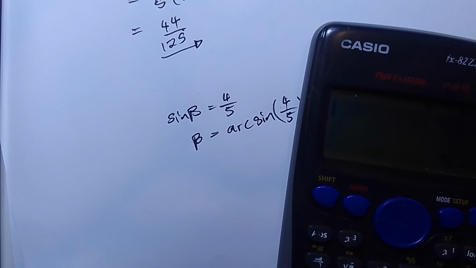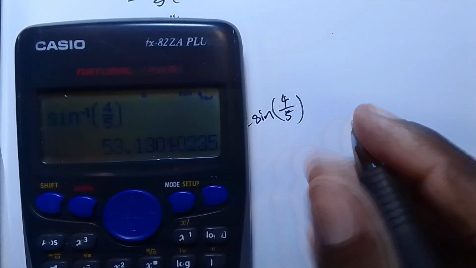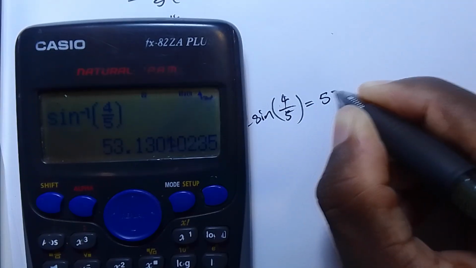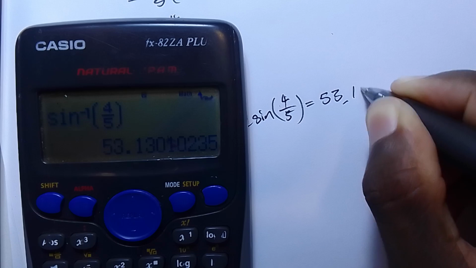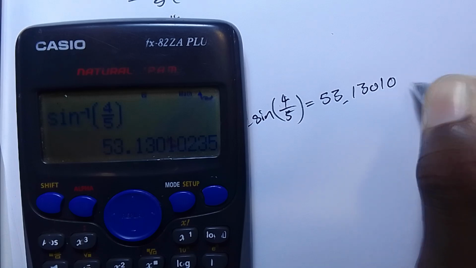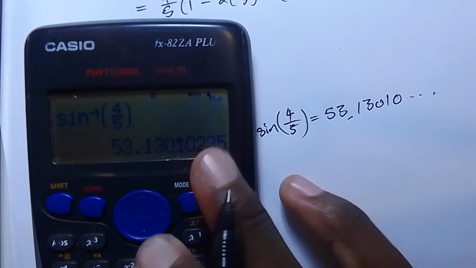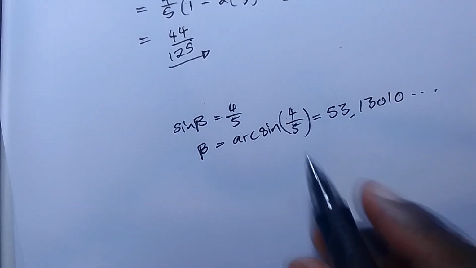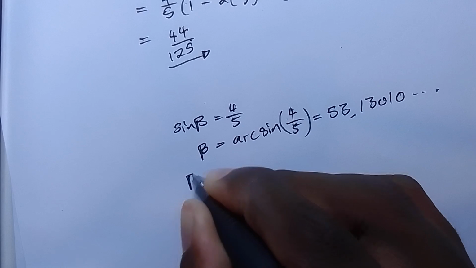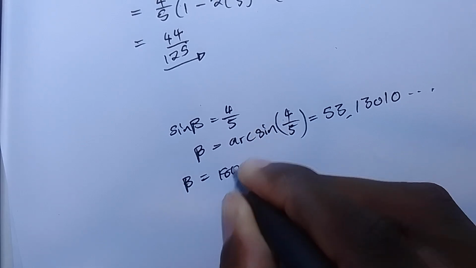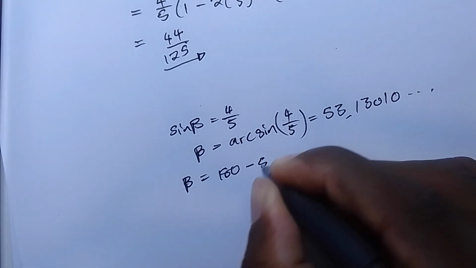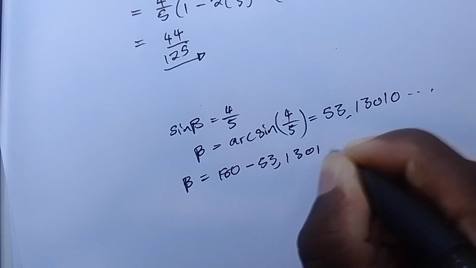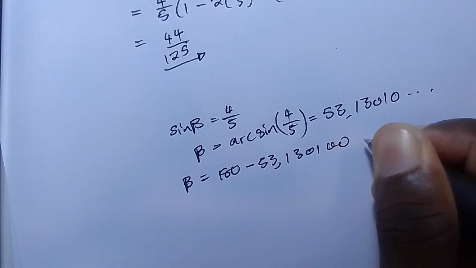So your beta is arcsine of 4 divided by 5, and your angle is 53,13010... So you know that it's in the second quadrant, and therefore it should be that beta specifically is 180 minus this angle, which is 53,130,100, whatever.